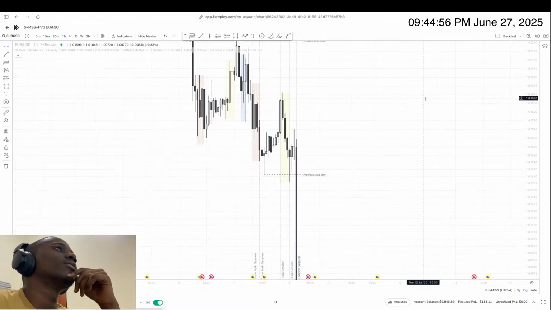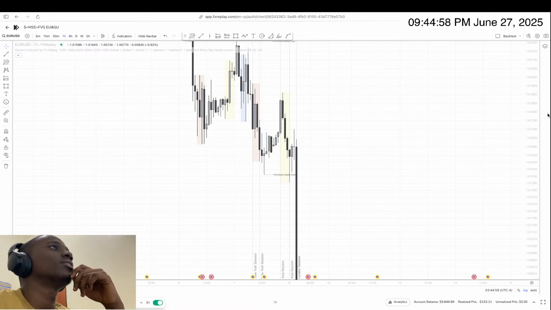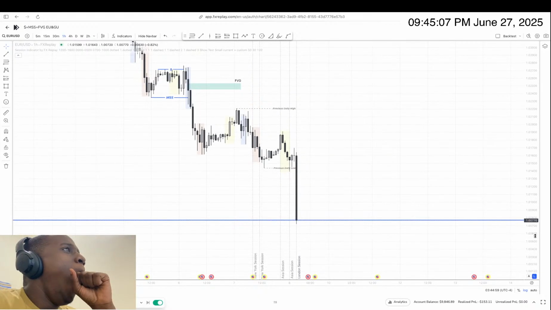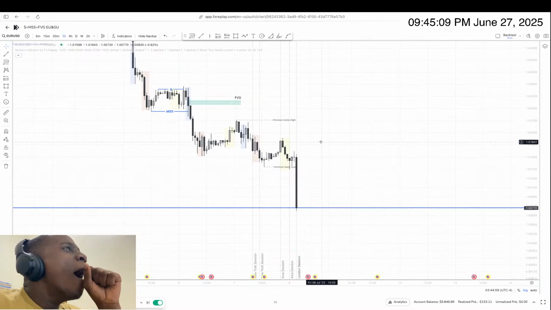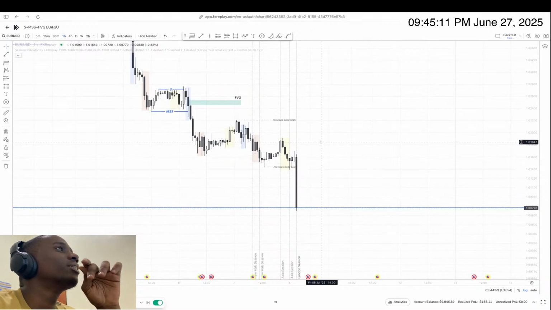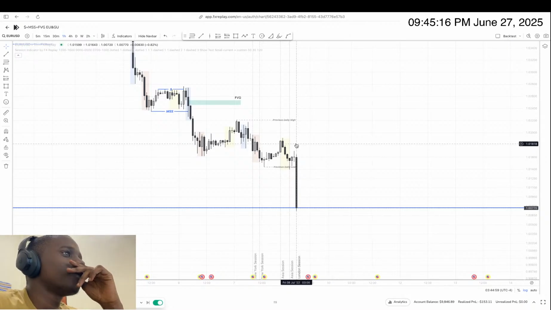So this is really nice, even though we didn't get an entry. But we can't say it's bad. We didn't get some kind of clear sweep, that's why, but this move was really nice.